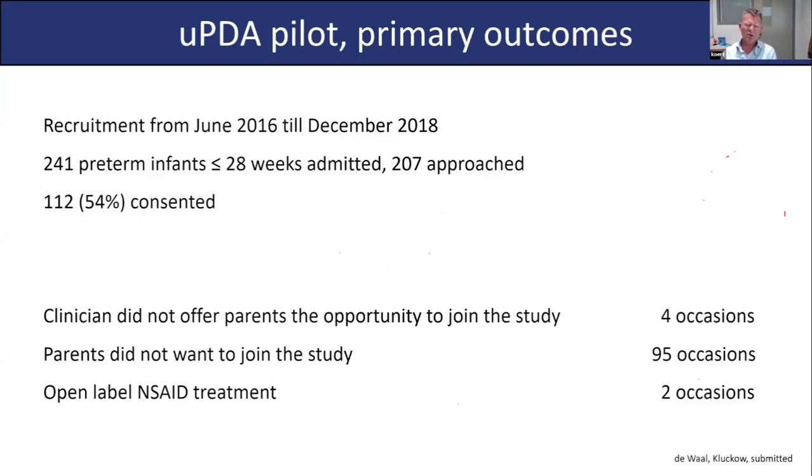And it's actually also less than we were used to in other hemodynamic studies we have performed over the last years. The clinician not offering parents to join the study only happened on 4 occasions. The parents not wanting to join the study, so that's the 46% of the cases. And open label treatment was only given on 2 occasions. So it was pretty good.